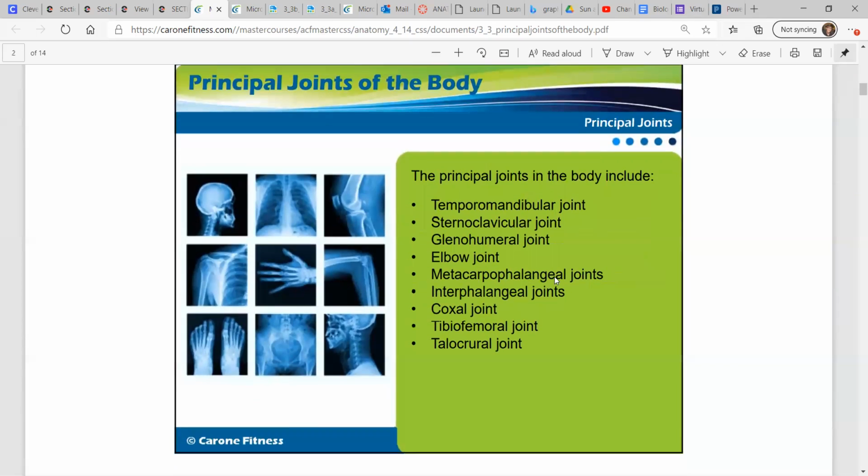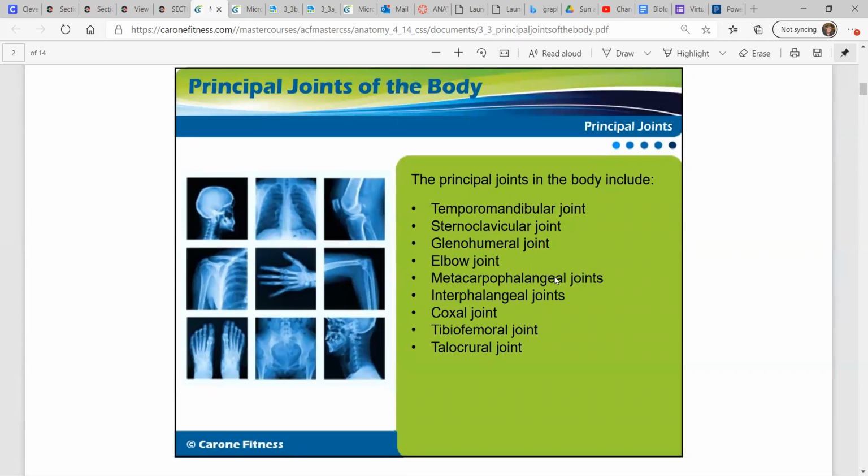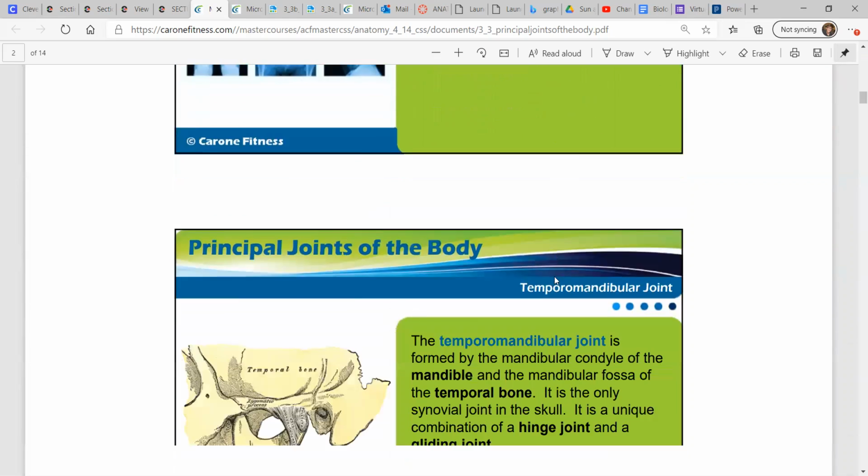And the principal joints in the body include the temporomandibular joints, the sternoclavicular joint, the glenohumeral joint, elbow joint, metacarpophalangeal joints, interphalangeal joints, coxal joint, tibiofemoral joint, and the talocrural joint.